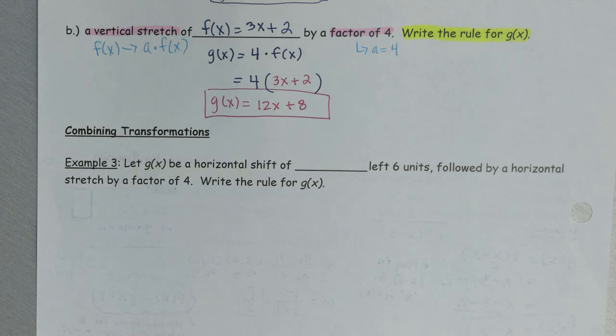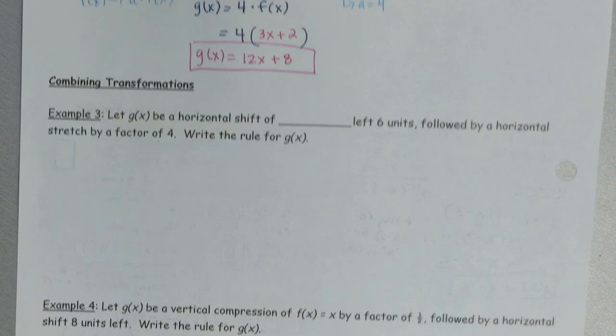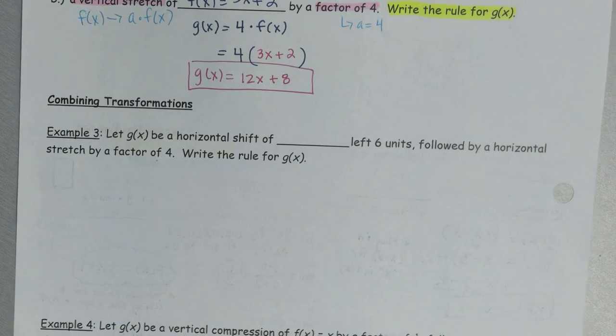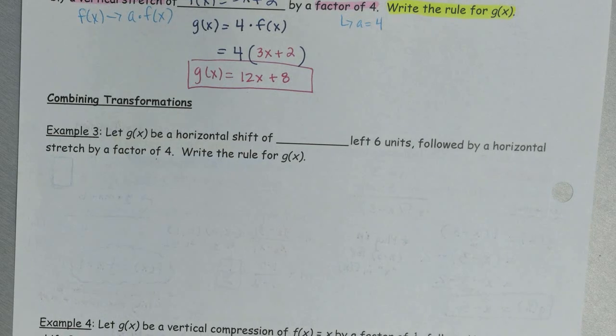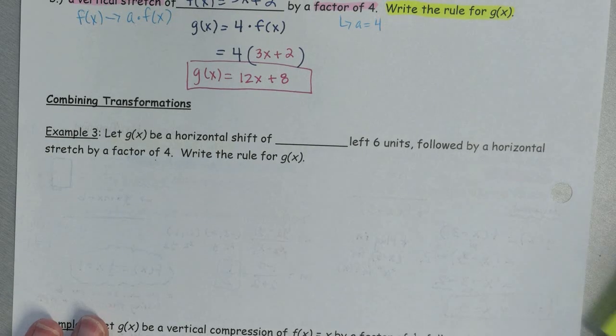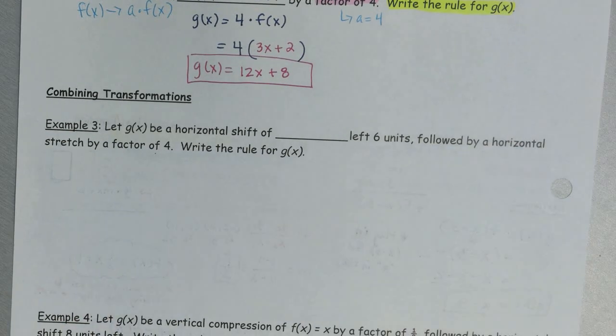All right, so now we're going to combine them. We're going to do 2 transformations to one equation. And then all we have to do is perform these in order. So for example 3, we are going to let g of x be a horizontal shift.